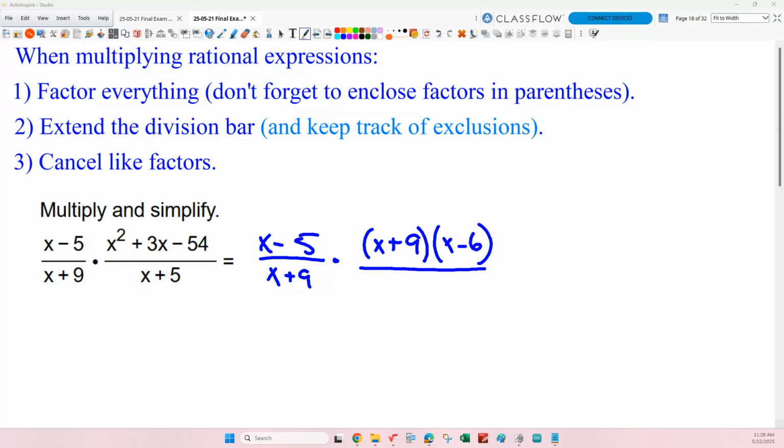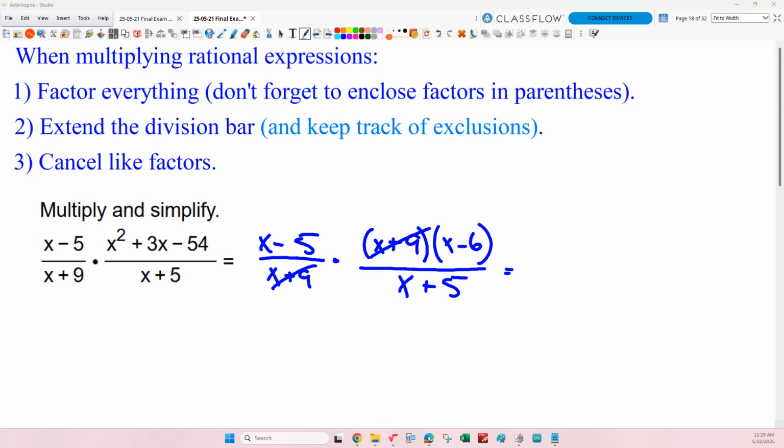And then do we do anything with the denominator? No. Okay. What would you do next? Cancel? Yeah. What would cancel? We have this one? Just those two, right? Okay.